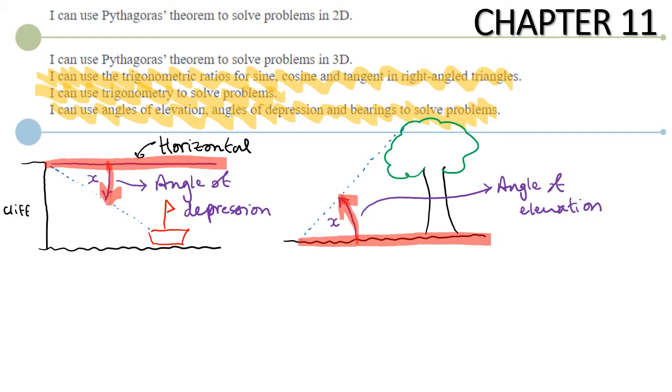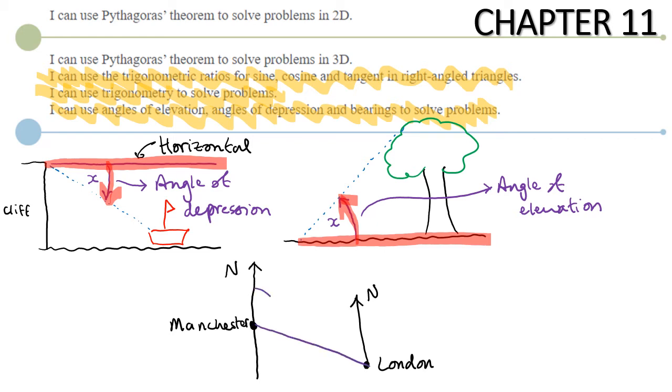Whereas a bearing is not measured from the horizontal, it's measured from the north. Now, we've done bearings already, in the video on angles, so you can go back to that if you need to. So if I had some place over here, London, and I wanted the bearing from Manchester, then I would draw lines at the north like this and join them up, and this would be the bearing.